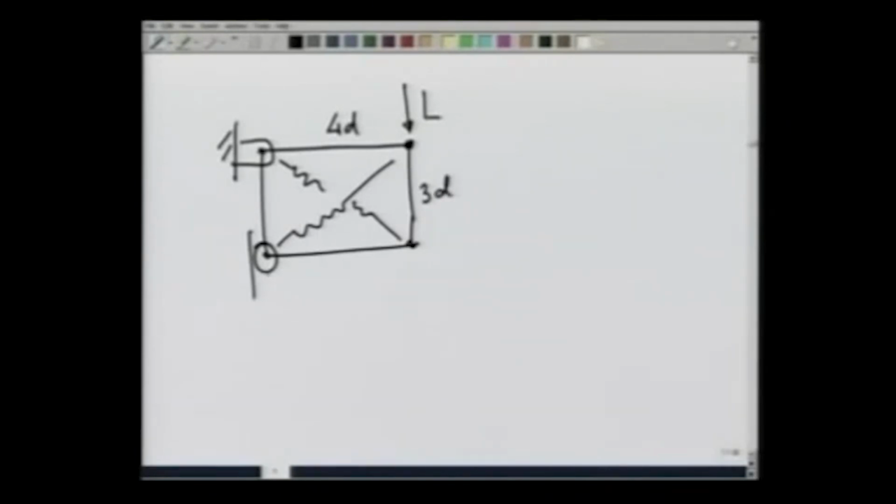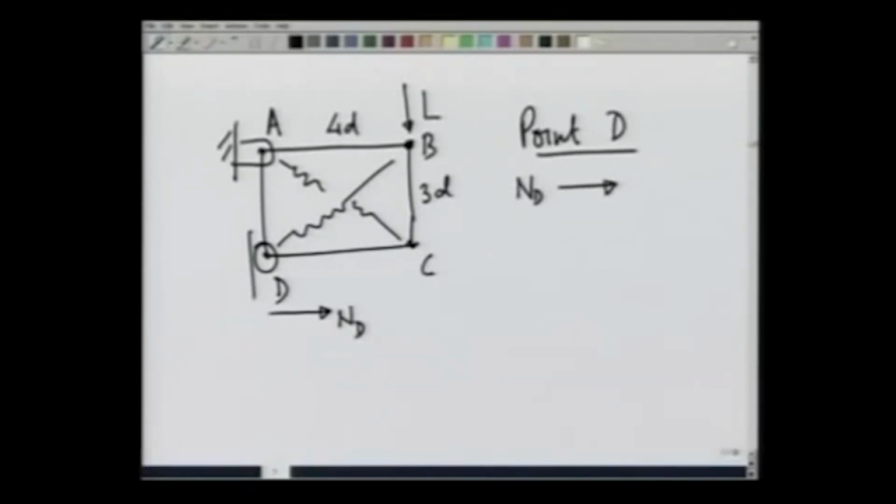Now, this is A, B, C, D. On point D, there will be only a reaction in the horizontal direction. Let me call it ND on the entire system. So, ND in horizontal direction.